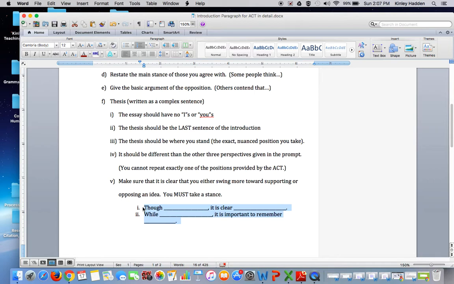Another way you could do it, and I'm going to go ahead and take the reverse position with this one: while blank, comma, it is important to remember blank, period.